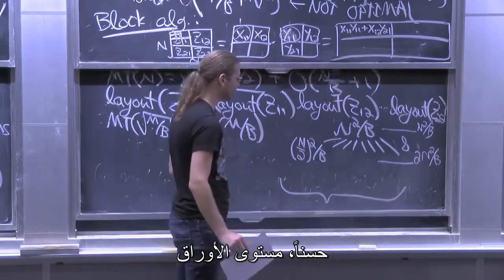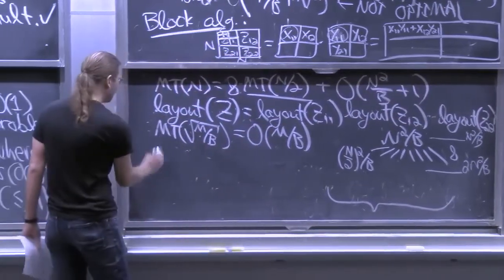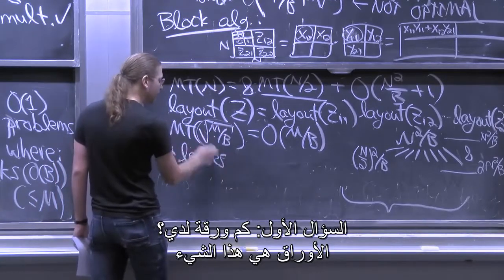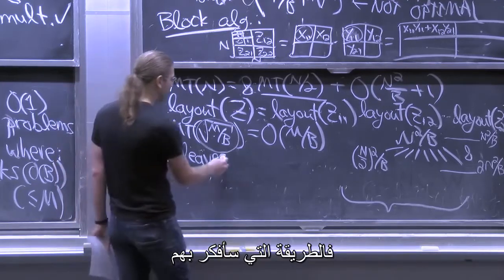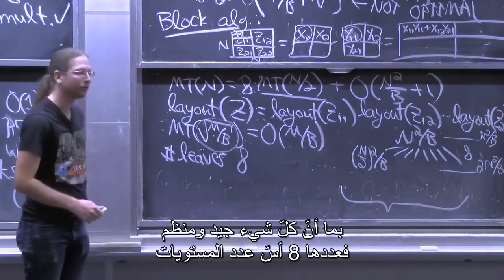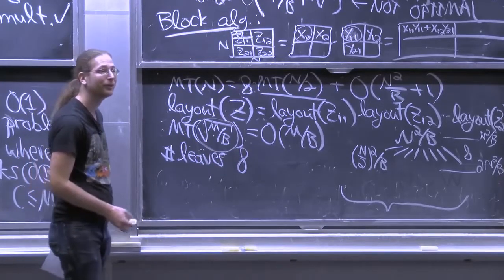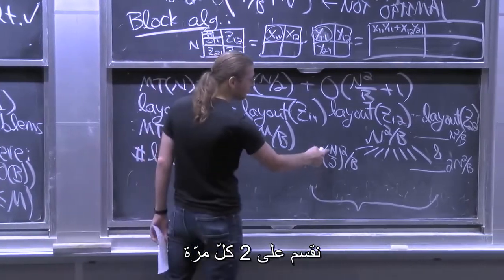OK, the leaf level. Actually, maybe I'll do it over here. First question is, how many leaves are there? The way I would think about this, because everything's nice and uniform, is 8 to the power of the number of levels. What's the number of levels? Well, we're dividing by 2 each time.